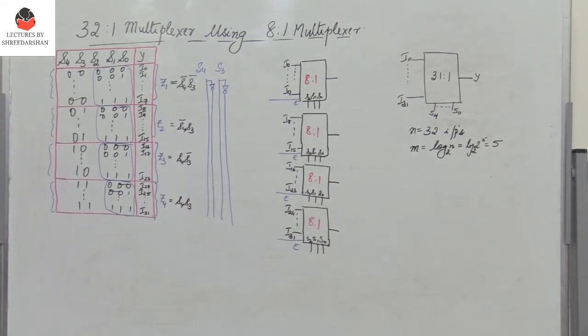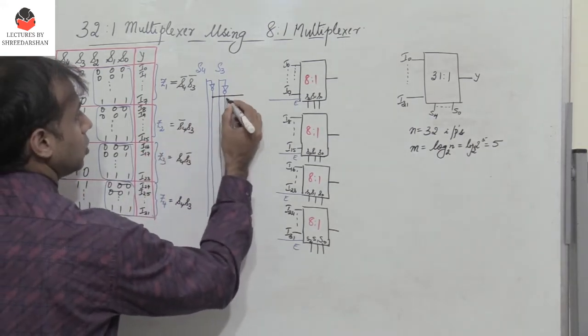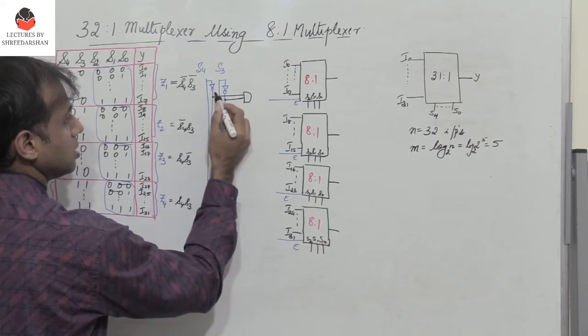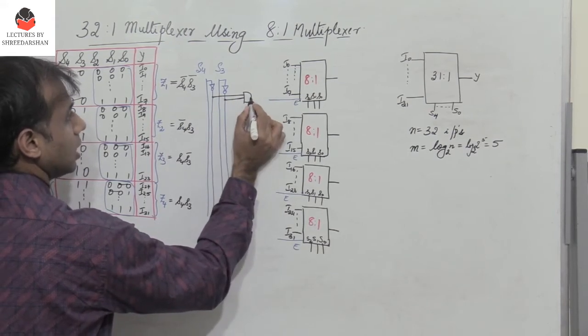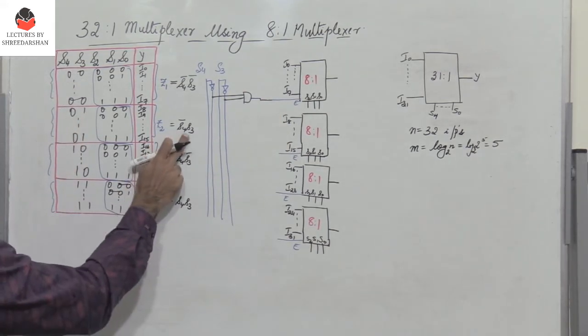So when do I enable mux 1? The first mux, I enable when S4 and S3 are 0. So here I have S4 bar, S3 bar, both given to an AND gate. So now this is 1, and that is given to the enable here. And what about the next one? It's going to be S4 bar, S3.